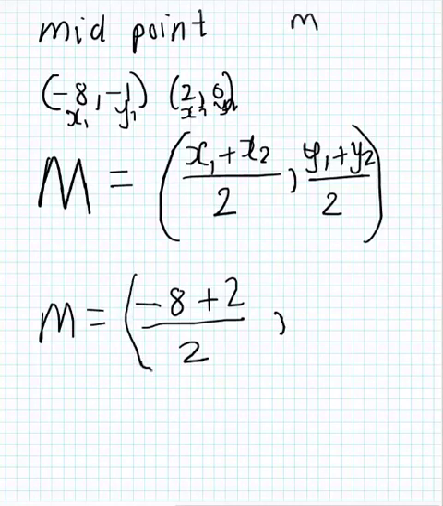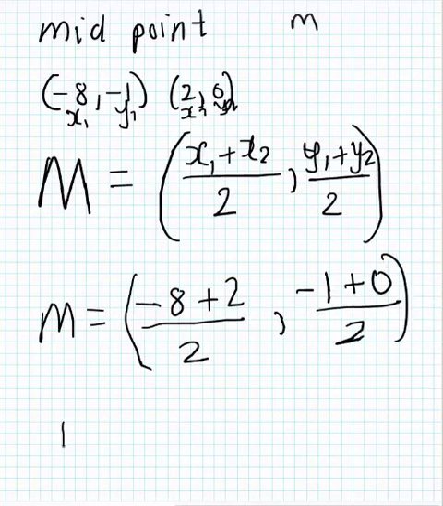Well, it's a point, I guess. Oh, you can leave it out until later. And then y1, we've got negative 1 plus y2, which is 0, was it? Yep, 0 over 2. And now we simplify and we're done. But you must make sure you calculate what's on top first. Minus 8 plus 2, that leaves me with a negative 6 over 2.